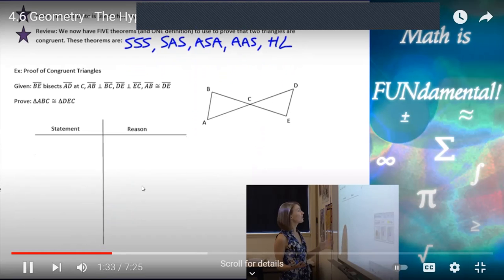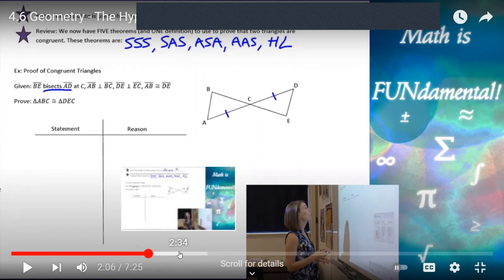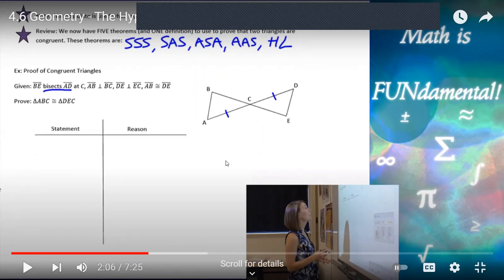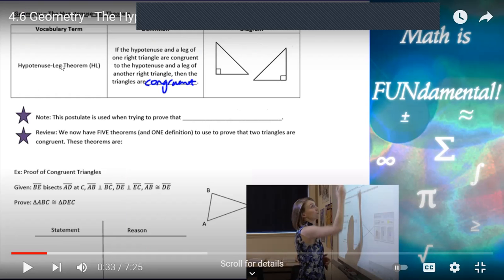All right, so let's look at this example here. We are given a bunch of information. This is only an example of using a theorem to prove congruent triangles. But for this lesson, you only need to answer this one here.